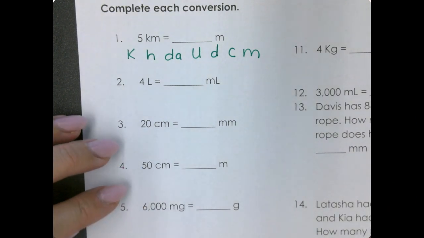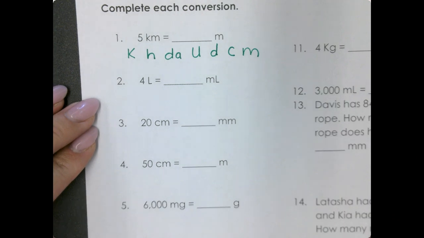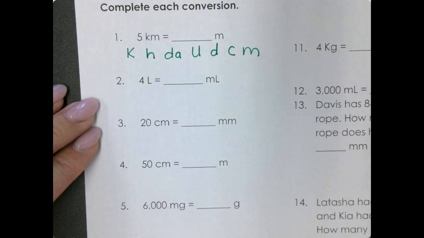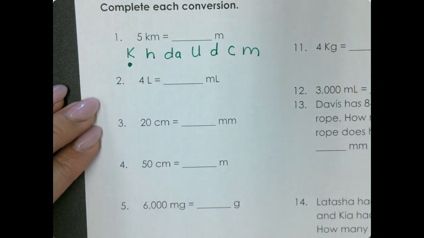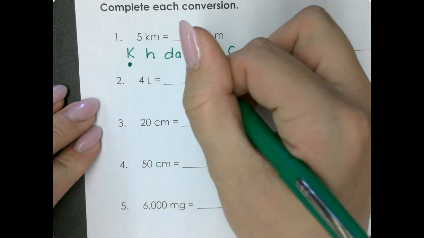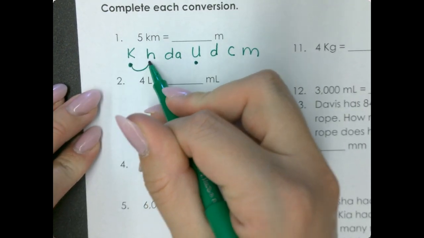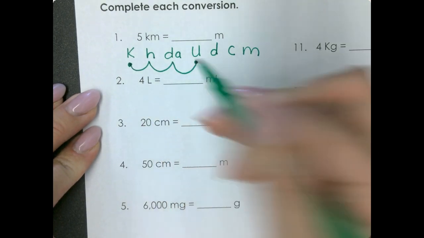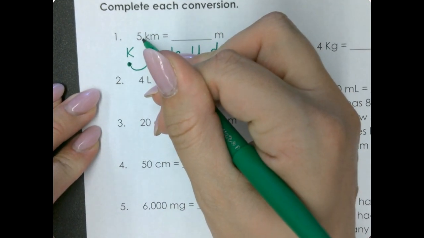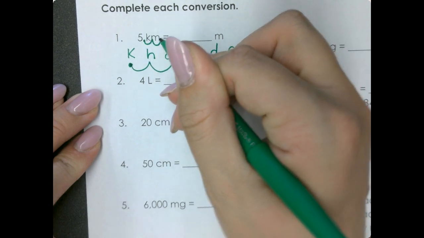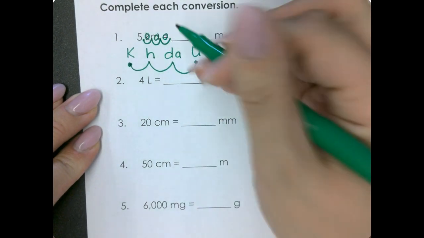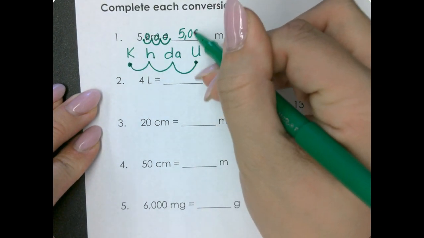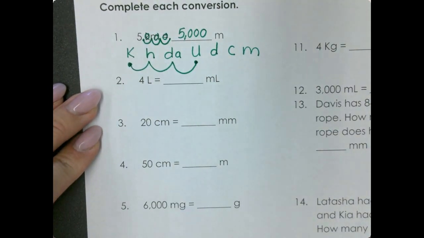We start at the what letter? Kilometers, km. K, yep, we start at the K. And where are we going for meters? Yeah, the U. So we have to go 1, 2, 3. Here's my decimal, 1, 2, 3. I fill in these with zeros, right? So this is 5,000 meters.